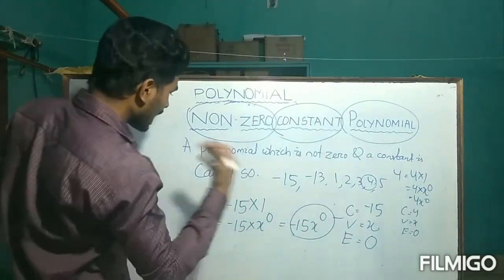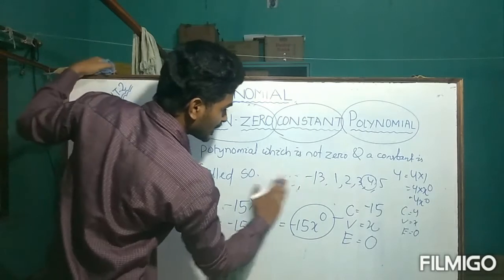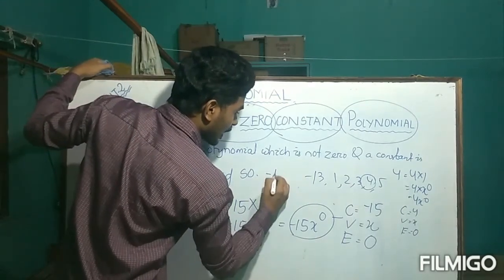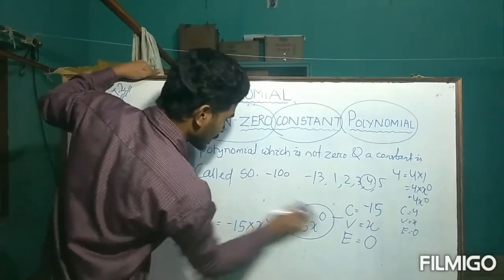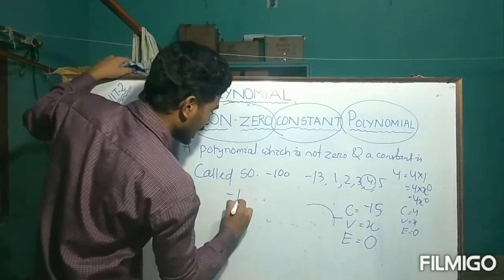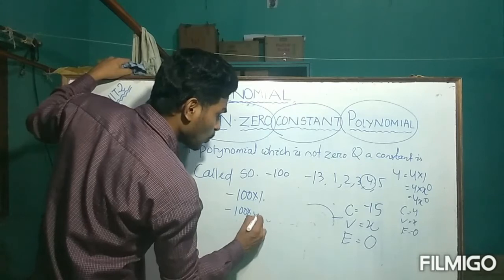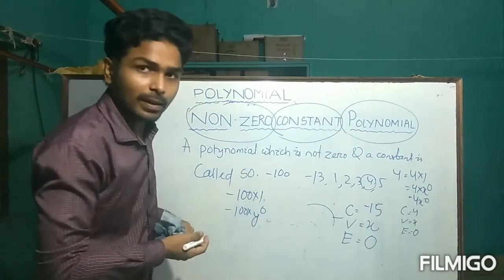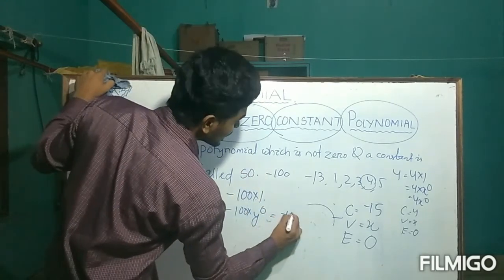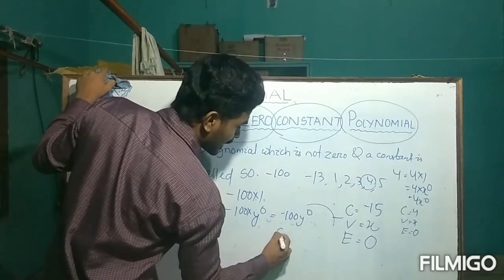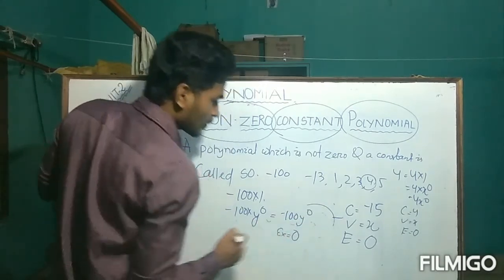Any example you can take. Suppose you take minus 100. We can write minus 100 as minus 100 into 1, so minus 100 into y to the power 0. We can use the variable y also. So minus 100 y to the power 0. Here also we get the exponent is 0.